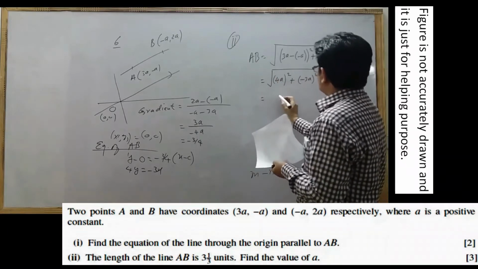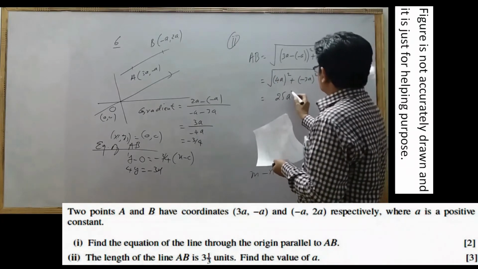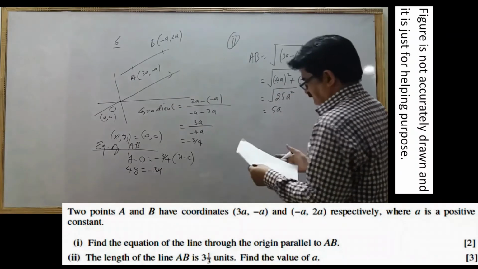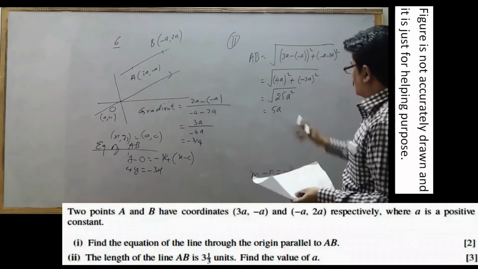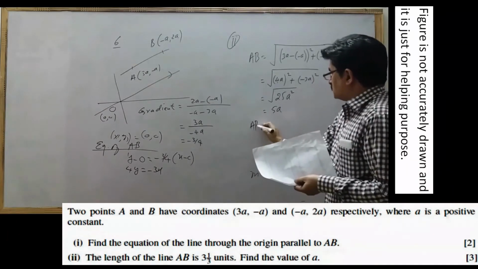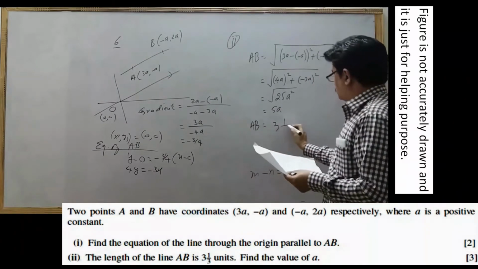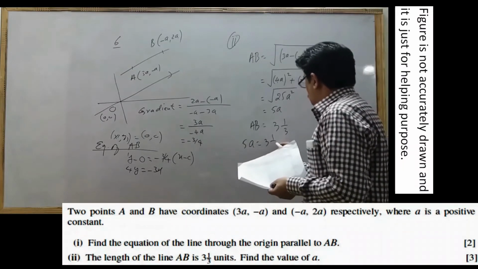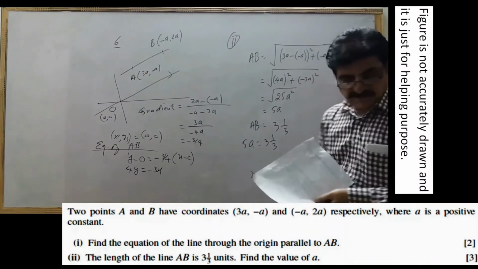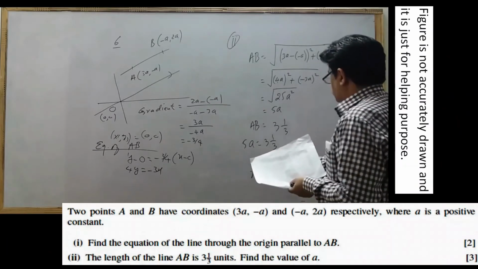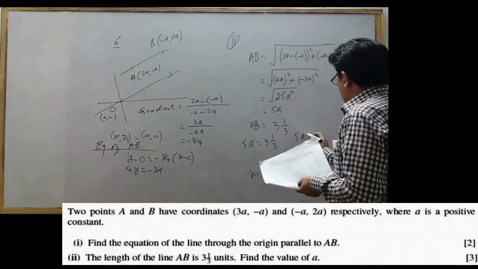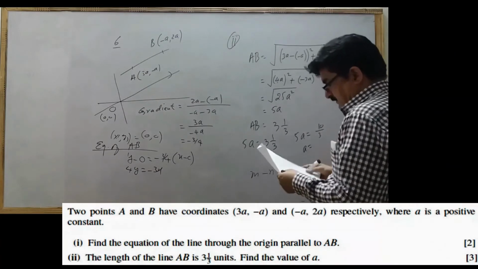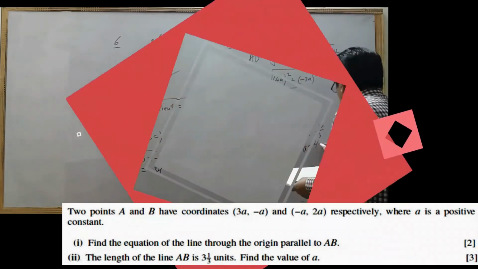So this is equal to 25A square. You can write it as 5A. Now it is given that this distance is 3 whole 1 over 3. So you can write 5A is equal to 3 whole 1 over 3. Now if you simplify it, it will be 5A is equal to 10 over 3. So value of A will be 2 over 3.